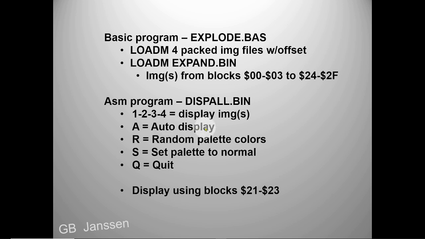So we'll go to auto mode, and we'll show you that in a minute. We have another option called random palette colors, so we can change the colors of the screen and set it back to normal, or quit. Our display will be using blocks 21 through 23. So up here we're using 24 to 2F.